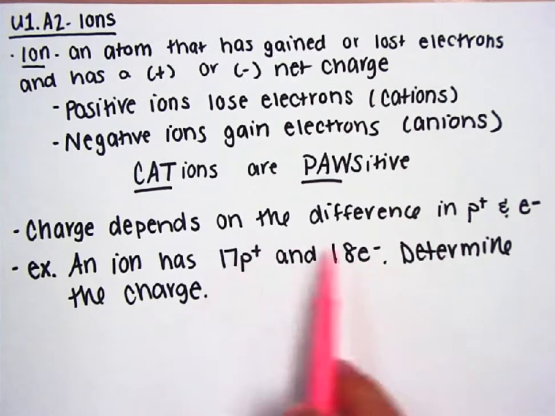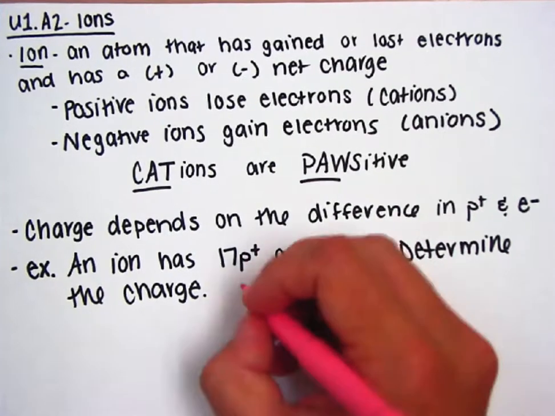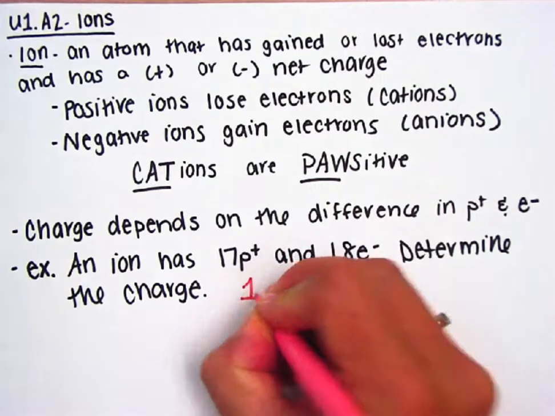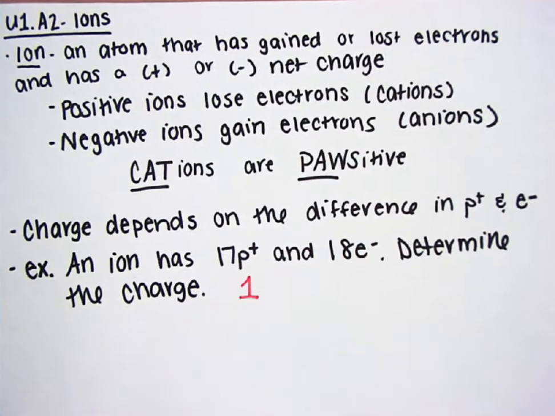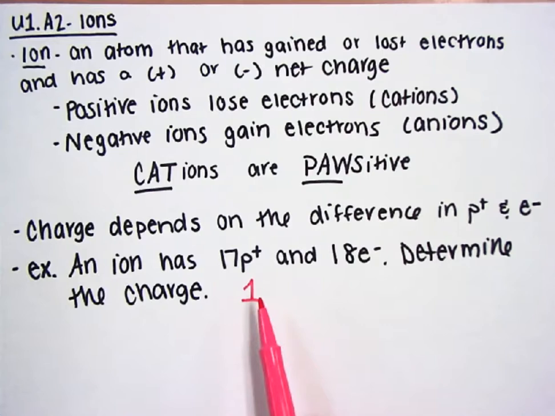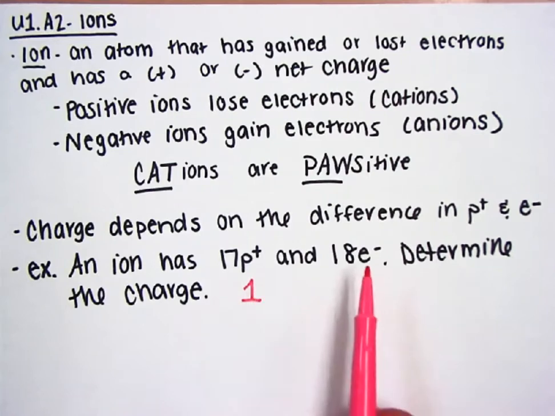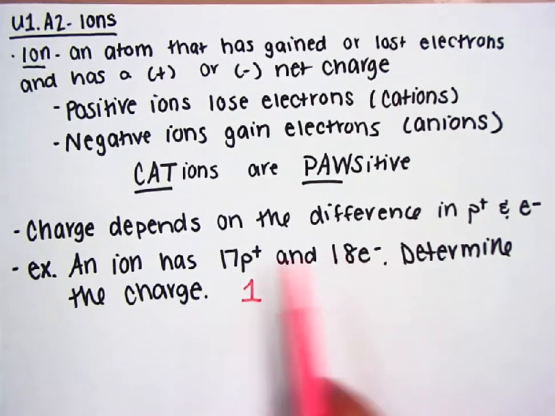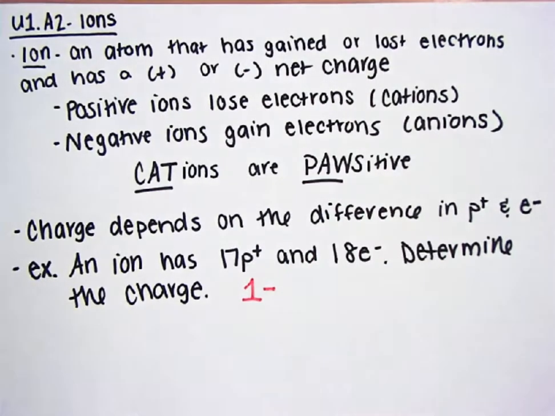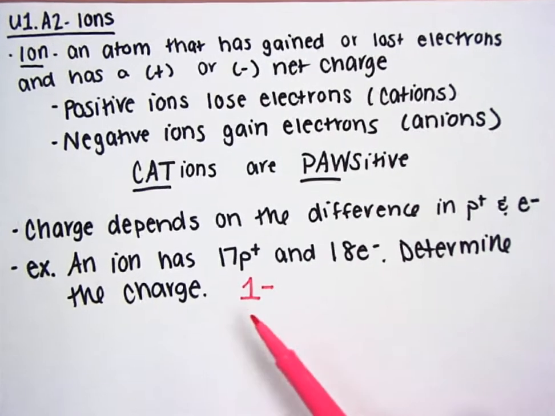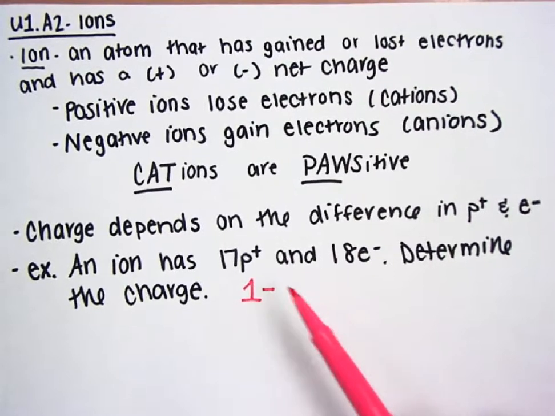My difference is going to be 1. The charge must always have a number, but it also needs a sign. Is it going to be positive or negative? Well, I have more electrons than protons, so the charge would be negative. Typically when we do charge, we put the number first and the sign after. So this would be a 1 minus charge.